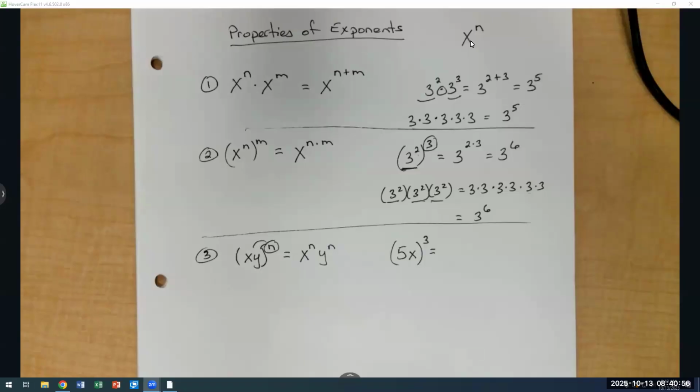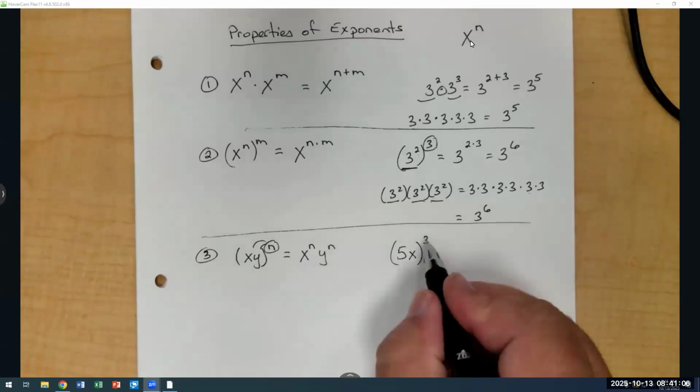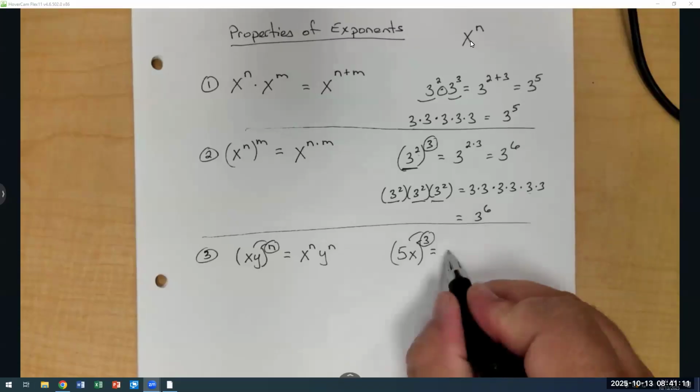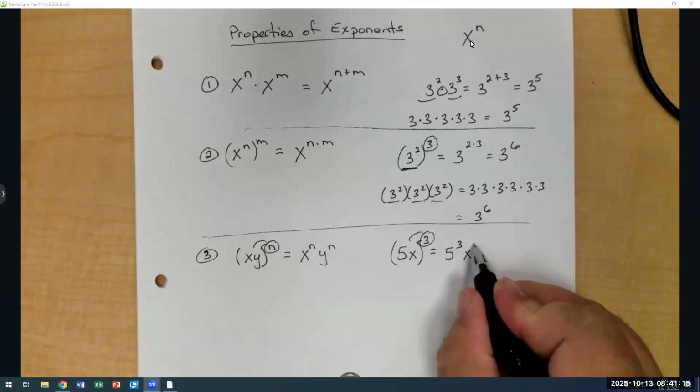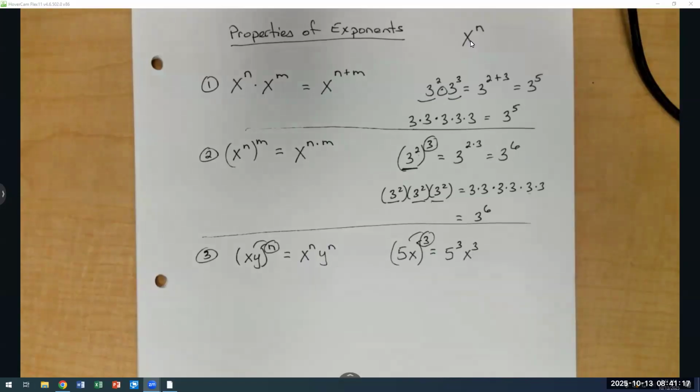So if I give you 5x and it's cubed, what would you do there? Yes, this 3 distributes to every term inside there. So we have 5 to the power 3, x to the power 3.